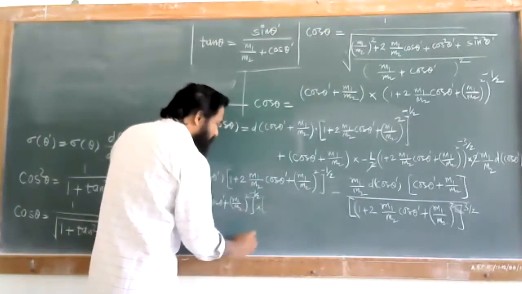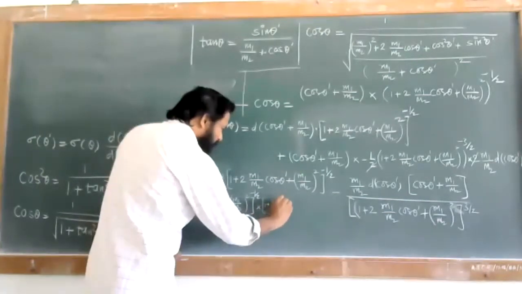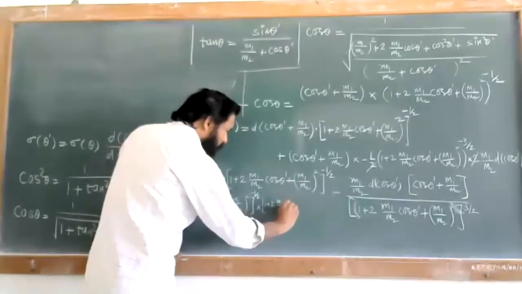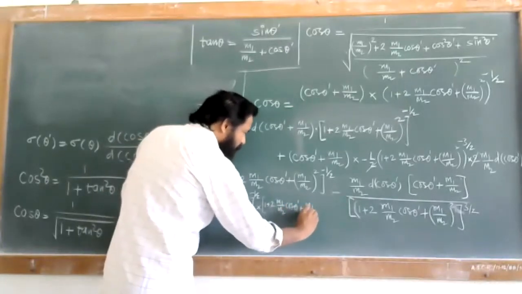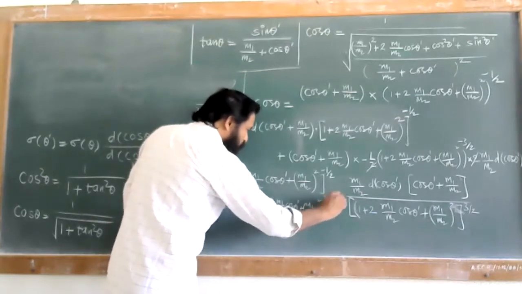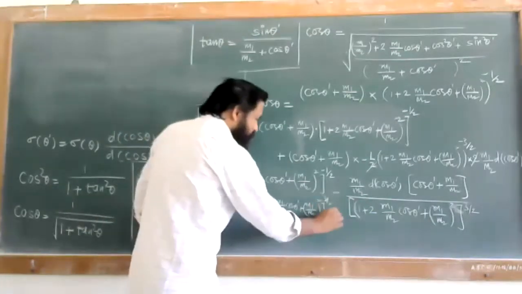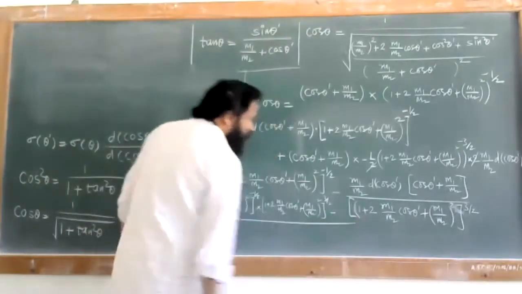So this is nothing but [1 + 2(m1/m2)cos theta dash + (m1/m2)^2] raised to 3/2 and minus this term.